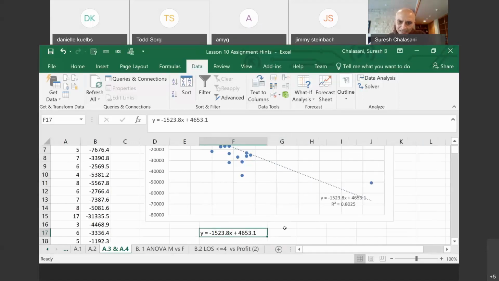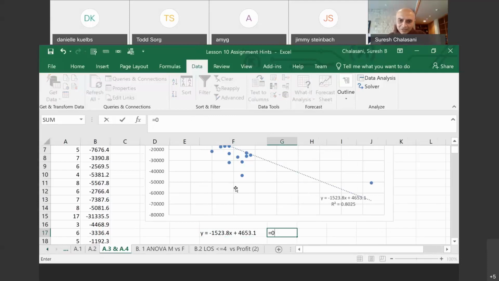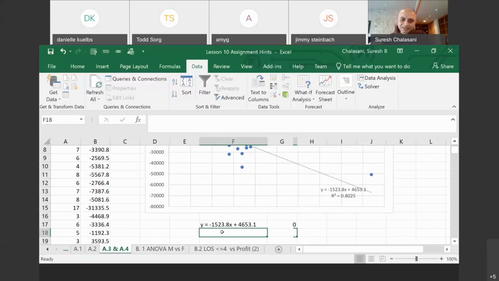And so I equate this to 0, right? So if this is 0, then I have minus 1523.8x equals minus 4653.1, right?